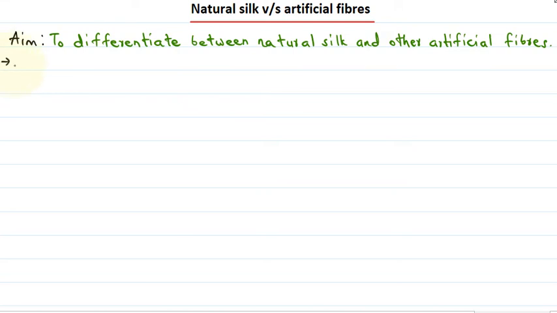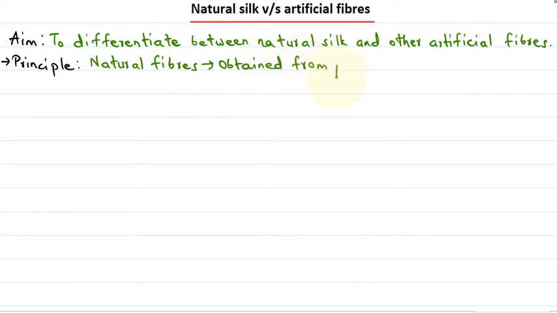Okay, so let's talk about the principle. Natural fibers are those that are obtained from plants or animals.